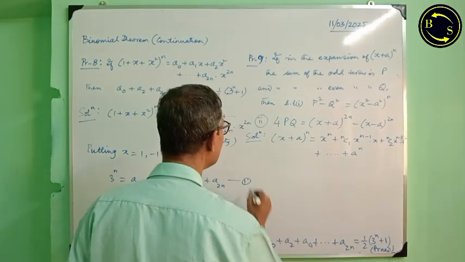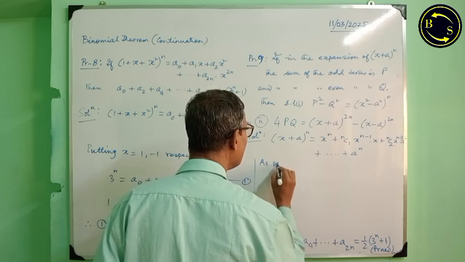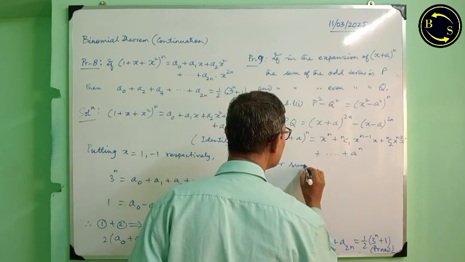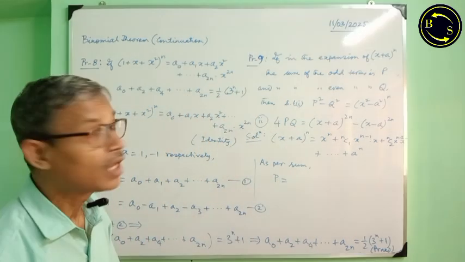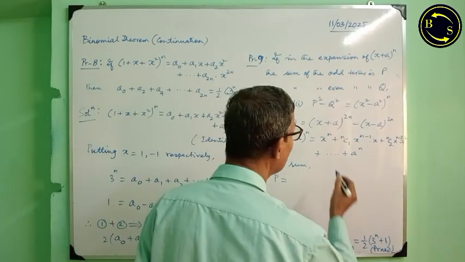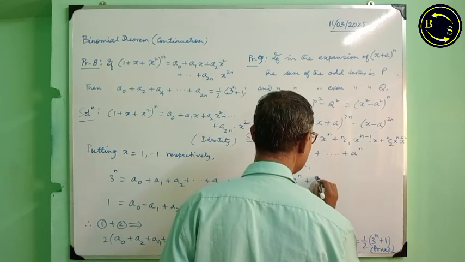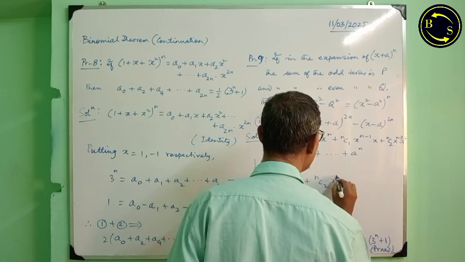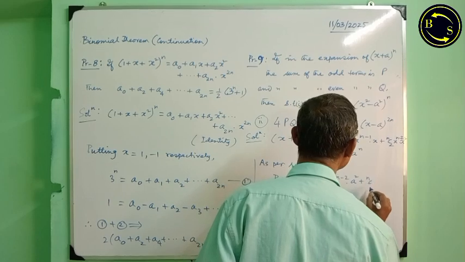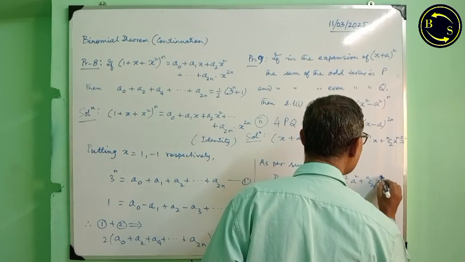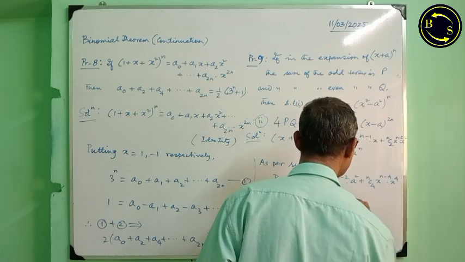That is why, as per sum, P is equal to sum of odd terms. Therefore, sum of odd terms means this will be x to the power n plus nc2 x to the power n minus 2 into a square plus nc4 x to the power n minus 4 a to the power 4 plus dot dot dot.